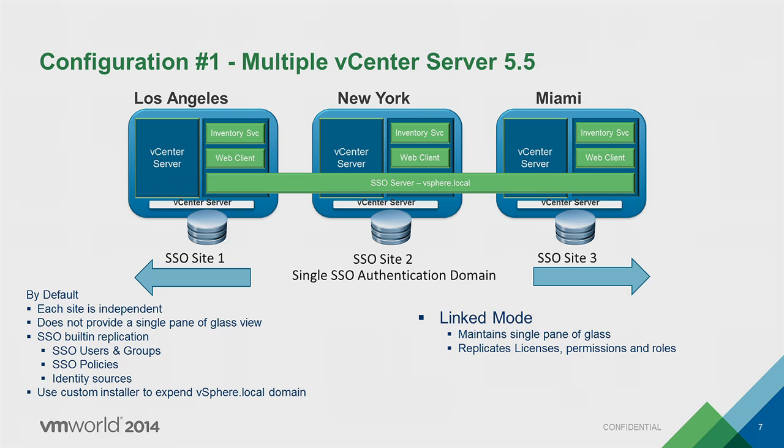How many of you use linked mode? So, about 20%? Okay. If you have linked mode in your environment, this is the configuration you have to go with. Because I'm going to be in Los Angeles, I'm going to log in and get my SAML2 token. Then when I'm in the web client, I'm going to go over to Miami and look at some of the resources in Miami. I still have my token from Los Angeles. When I extend that security domain, each instance will trust each other.